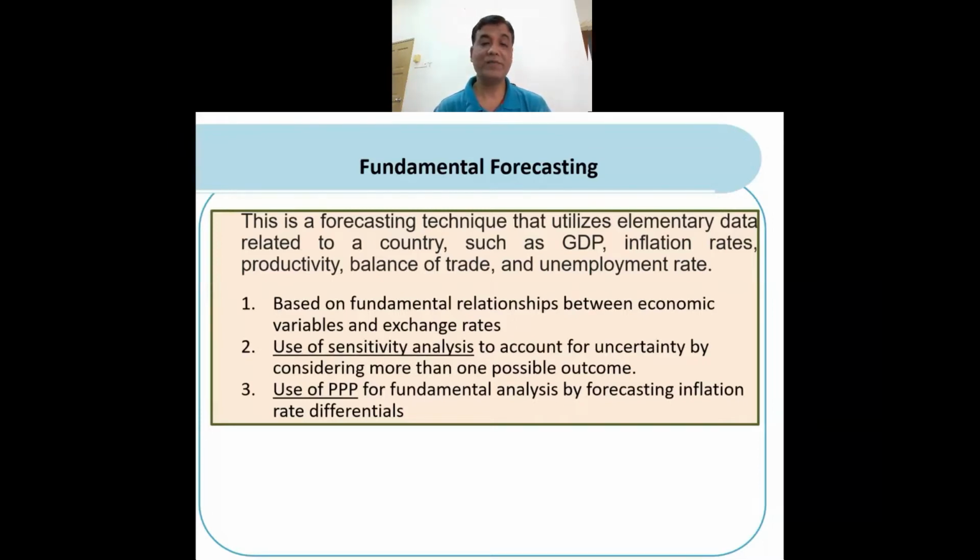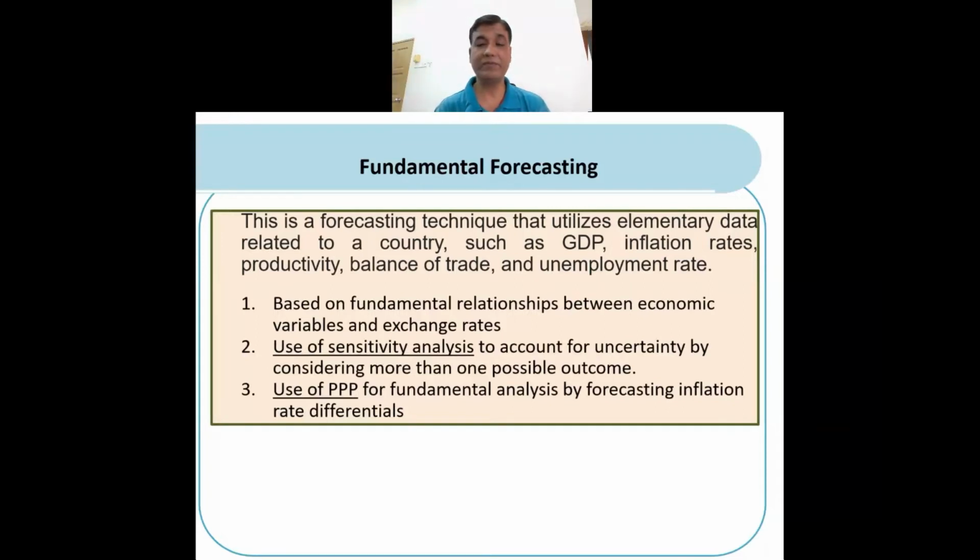Rather, here we use some kind of sensitivity analysis, looking at what happens if GDP goes up, and whether it affects the exchange rate. What happens if the inflation rate goes down? What happens if the balance of trade is better, having a surplus in the balance of trade, or the unemployment rate has lowered?